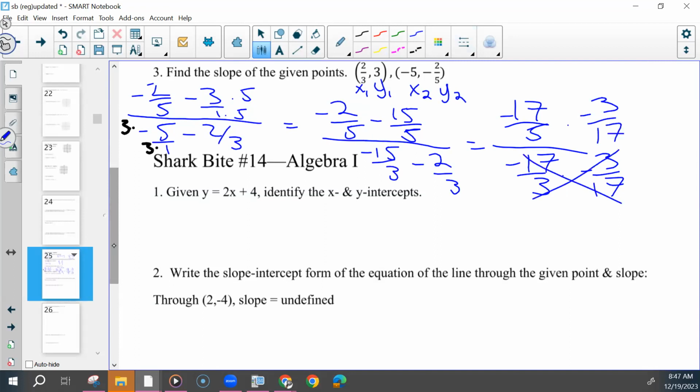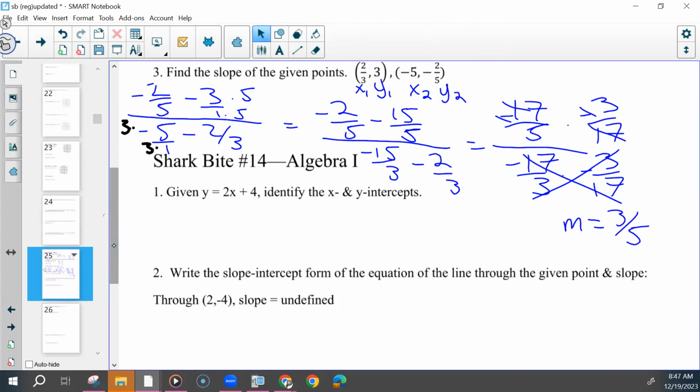The entire denominator cancels out, the 17s cancel out, the negatives cancel out, so m equals this. Questions on that one?